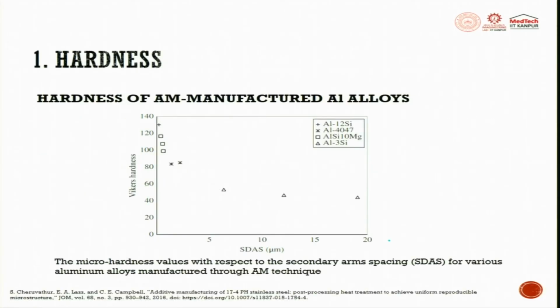So, for hardness of an additive manufactured aluminum alloy part, you can see this is SDAS and this is Vickers hardness.